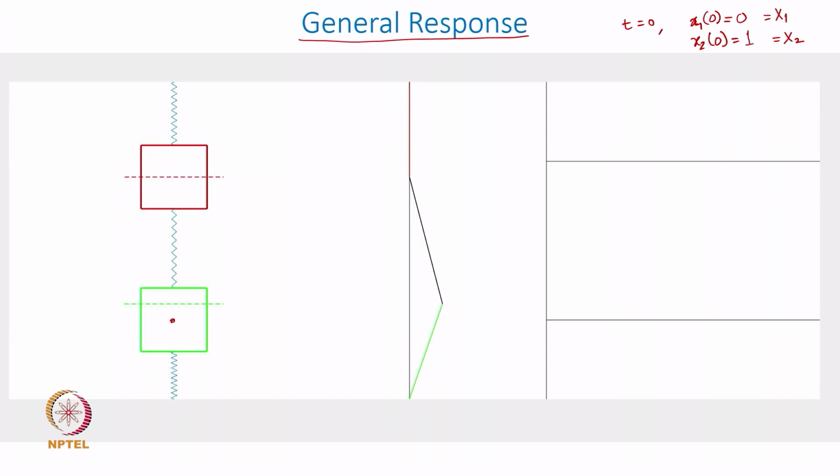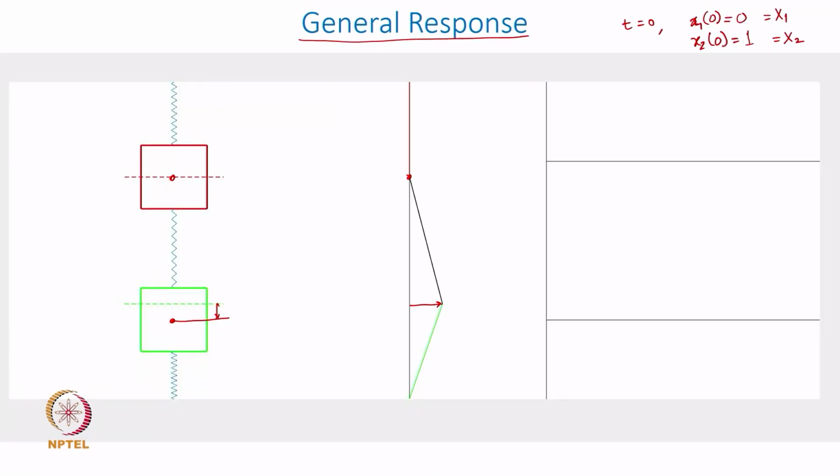So, you can see that the second mass has moved downward by 1 unit, whereas the first mass remained here, and that is what you are seeing here, 0 motion for the first mass and some positive 1 unit motion to the second mass. Now, is this satisfying any of the two mode shapes? It is not, right. So, if it is not satisfying at t is equal to 0, there is no way it will satisfy at later time, right, because in the initial part itself you have not maintained the amplitude ratio.